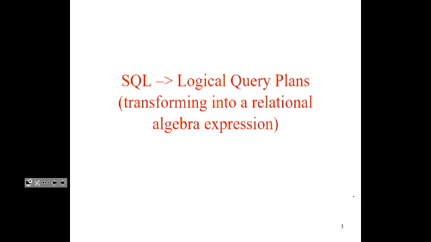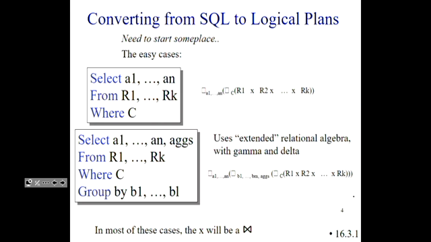Okay, so let's talk about the first step, which is SQL to a logical query plan. So essentially what I'm doing is taking SQL and transforming it into a relational algebra expression. Nothing surprising. So let's start with the easy cases.